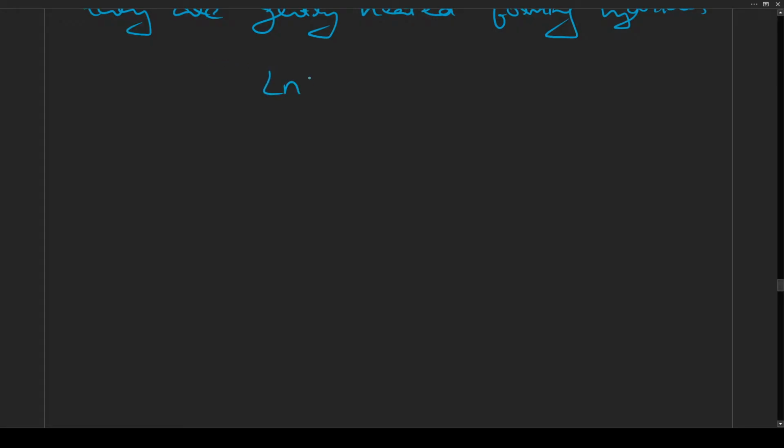That is the LnH3 formula, lanthanoid hydrides. It's not lanthanum hydride, it is lanthanoid hydride.